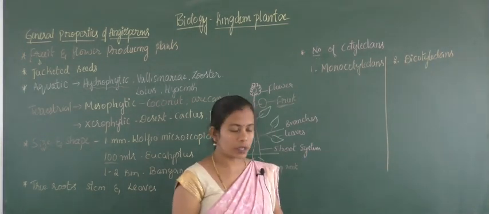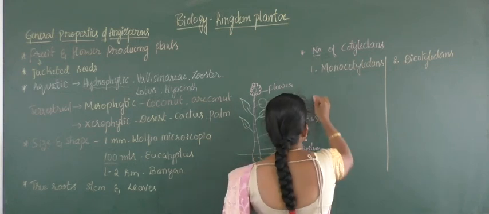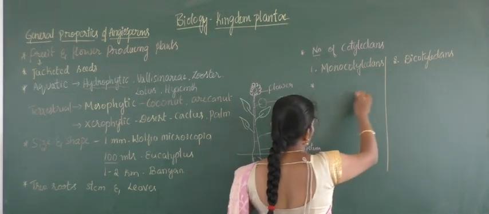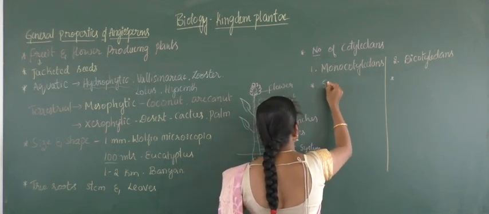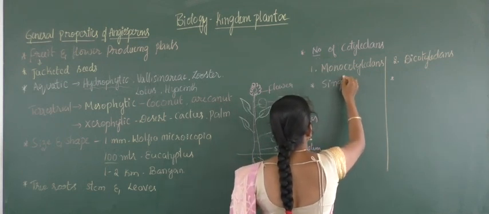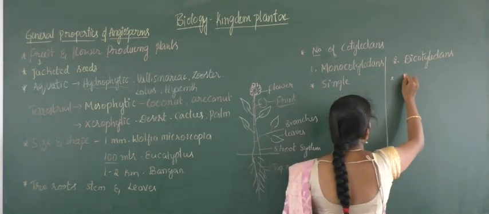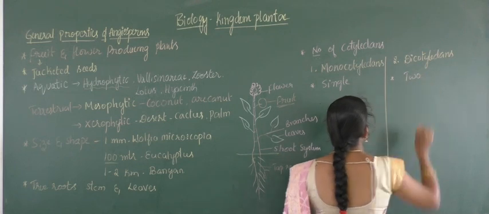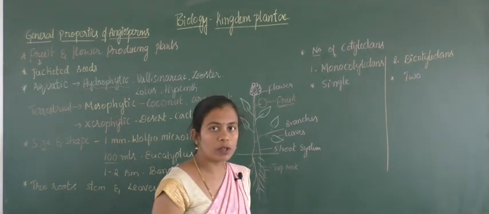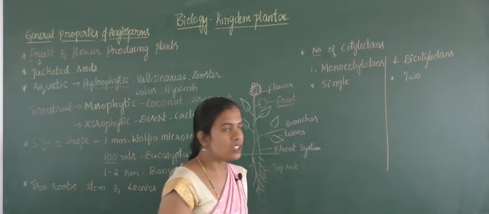Monocotyledons and dicotyledons. When you observe the number of cotyledons, as the name refers, mono means a single cotyledon will be there. But here it is two cotyledons. Two cotyledons will be there. I am writing only the number, you have to complete the cotyledons also.